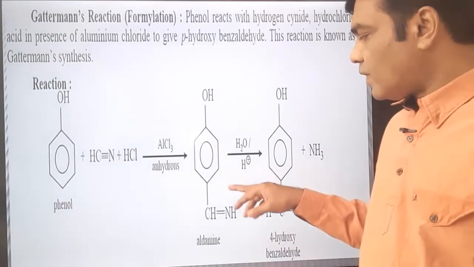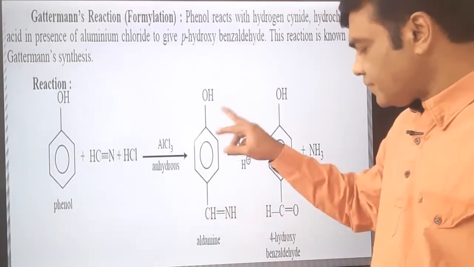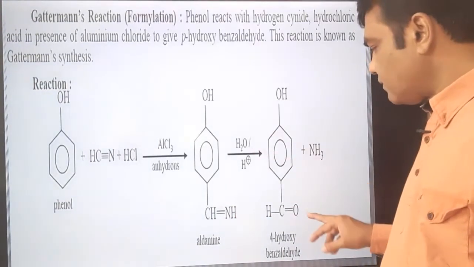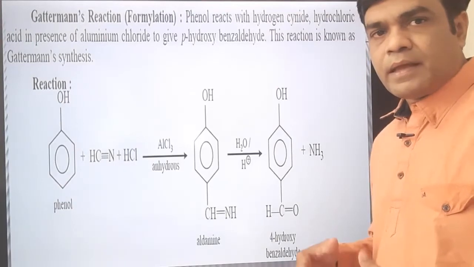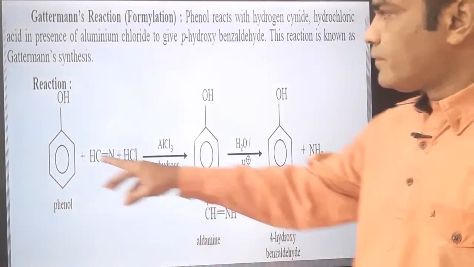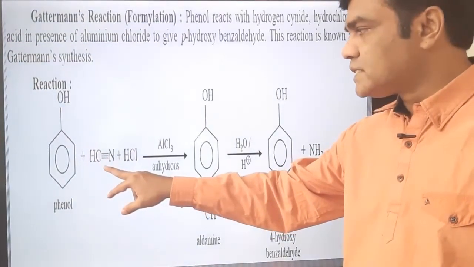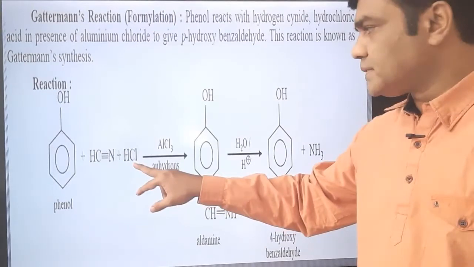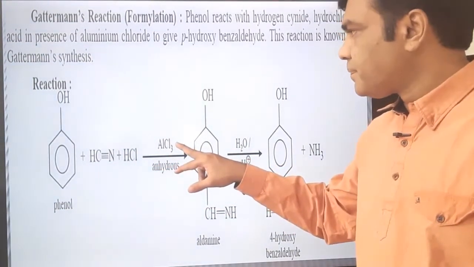The intermediate formed is this imine, aldimine, and then on hydrolysis we get our desired product, that is 4-hydroxybenzaldehyde. I am repeating again: first phenol is treated with hydrogen cyanide, HC triple bond N, in acidic medium, hydrochloric acid, in presence of aluminum trichloride catalyst.